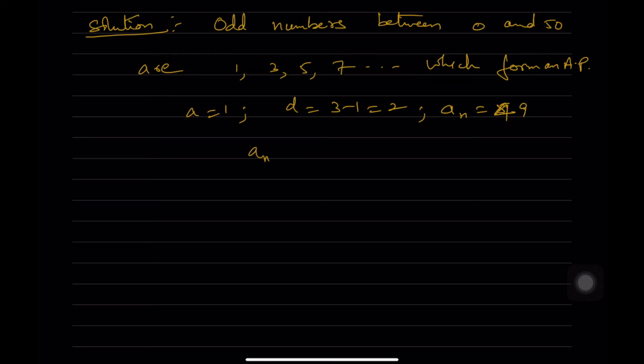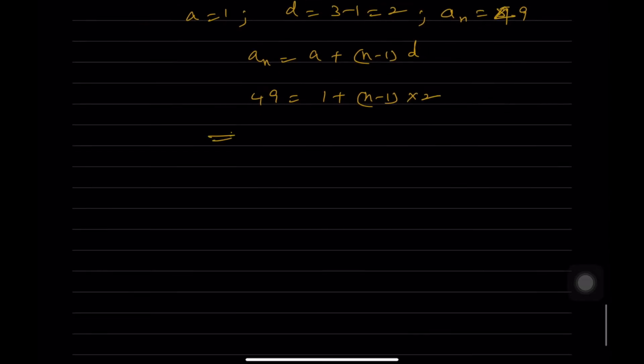So we know that An is equal to a plus n minus 1 into d. So 49 is equal to 1 plus n minus 1 into 2. Which implies that 49 minus 1 is equal to 2 into n minus 1, which implies that 48 is equal to 2 into n minus 1.